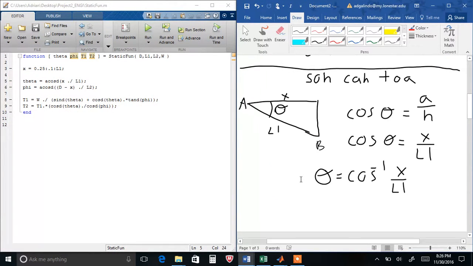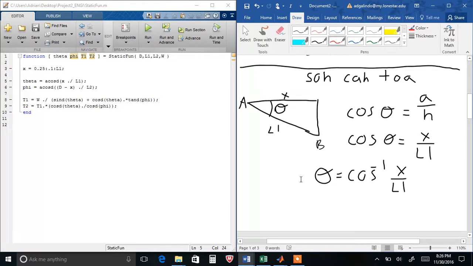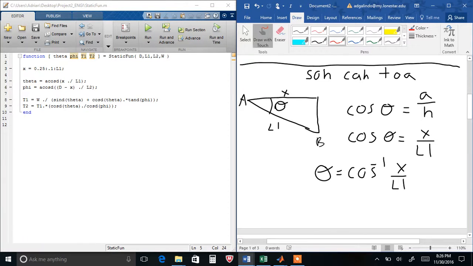For theta, we use SOHCAHTOA. The reason is that we already know x, and L1 is again our input. So cosine of theta is equal to adjacent over hypotenuse. If you just plug in x and L1 and take the inverse of cosine, you'll get your theta.